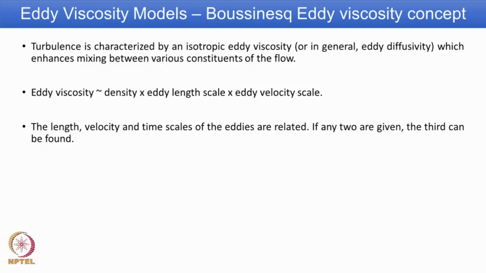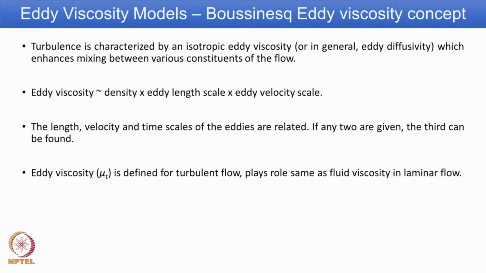So, if any 2 quantities are known, it is possible to find the third one. We use same symbol mu with a subscript T to represent eddy viscosity. So, eddy viscosity mu T is defined for a turbulent flow, and it plays same role as the fluid viscosity.